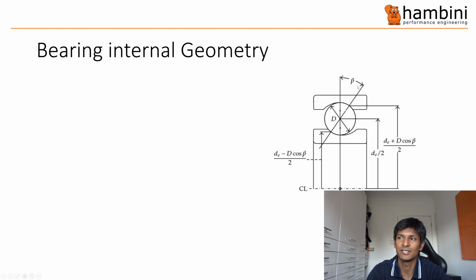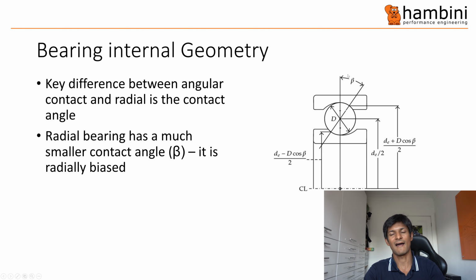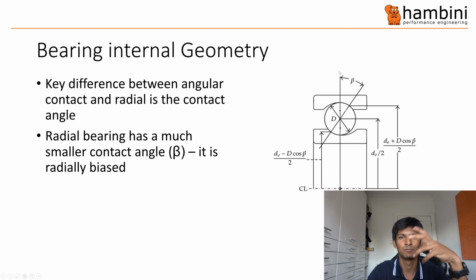That angle that it generates is called the beta angle, and the key difference between a radial bearing and angular contact bearing or cup and cone bearing is the size of that angle. So a radial bearing has a much smaller contact angle, so it's radially biased, which is why it's called a radial or deep groove ball bearing.